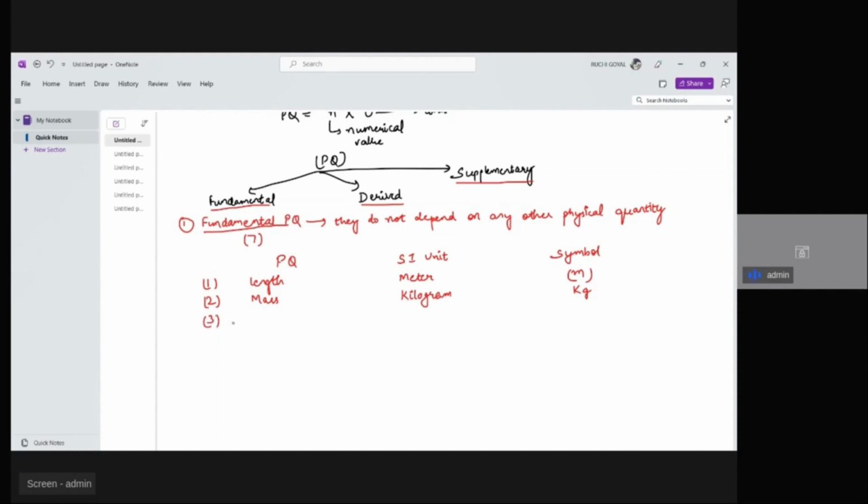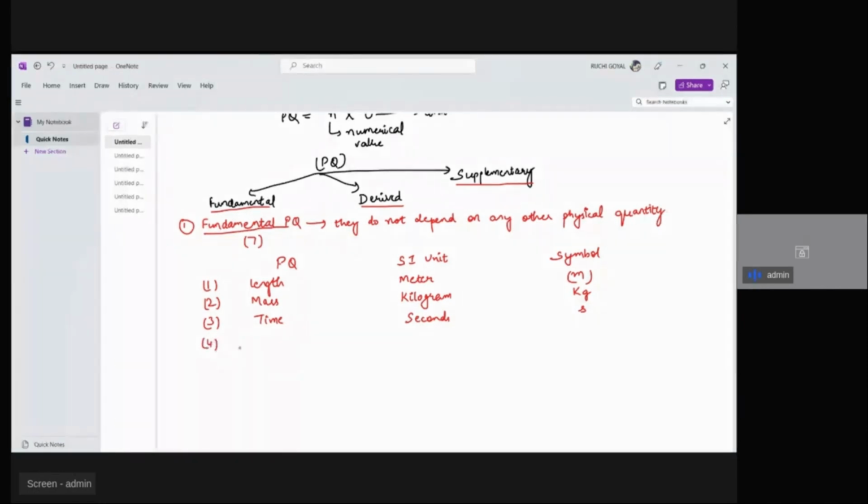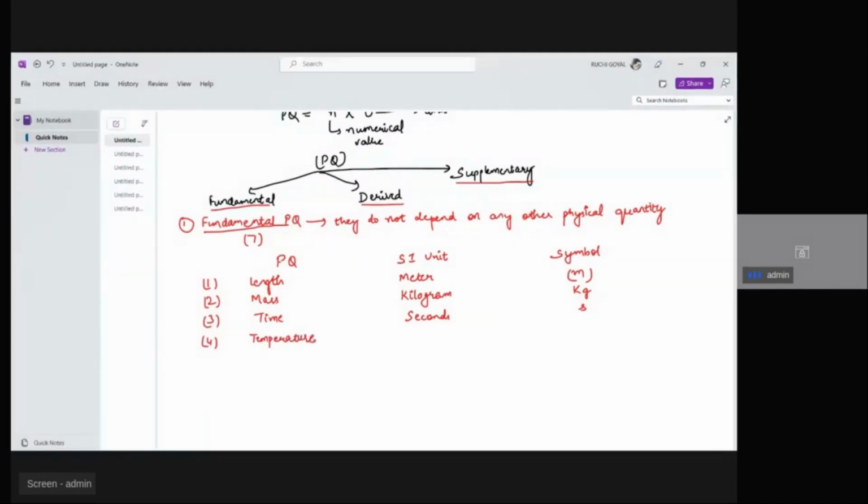The next fundamental quantity is time. The SI unit of time is second and we denote it by s. The fourth fundamental quantity is temperature. What is the unit of temperature? As we all know, Kelvin.